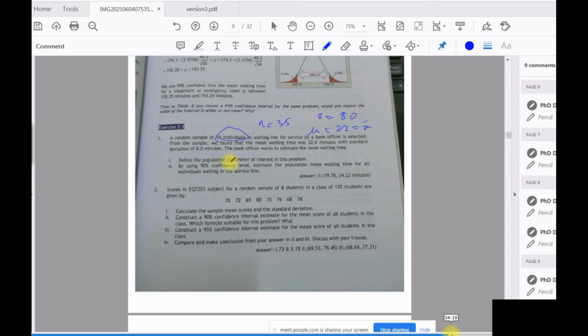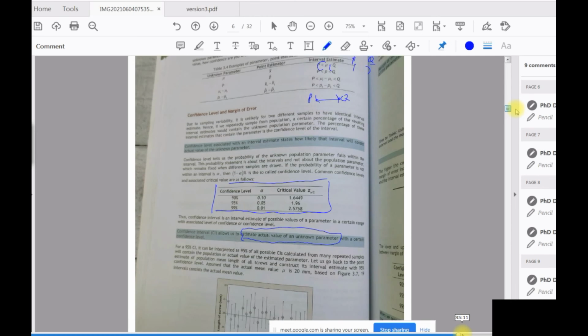So we have n equals 35. So we extract the data from the question first, what we need, and then construct the formula. Put into the formula and we can construct the point estimate or interval estimate. Okay.